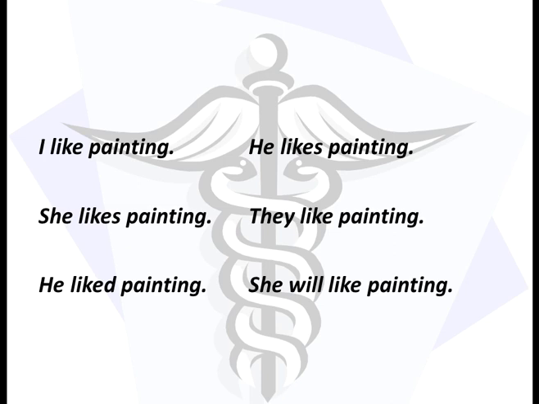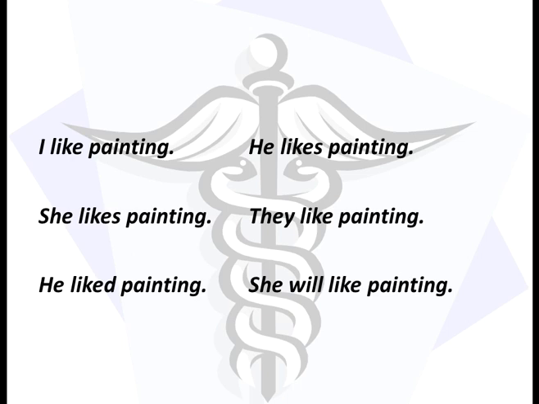For better understanding, read these sentences. I like painting. He likes painting. She likes painting. They like painting. He liked painting. She will like painting. In these sentences, the verb painting does not change according to the time of action, past, present, future.